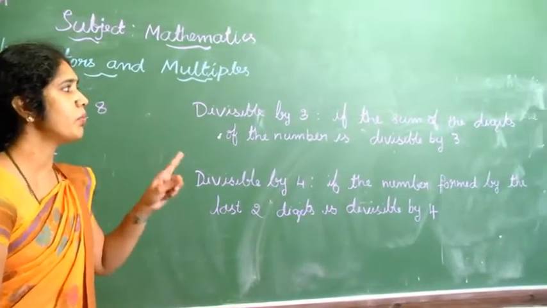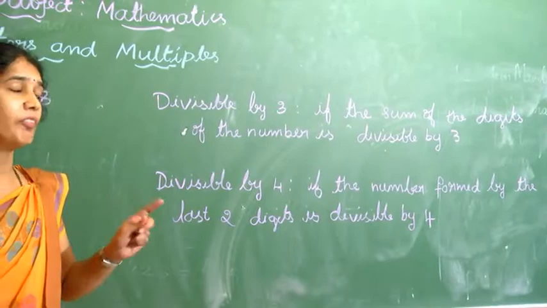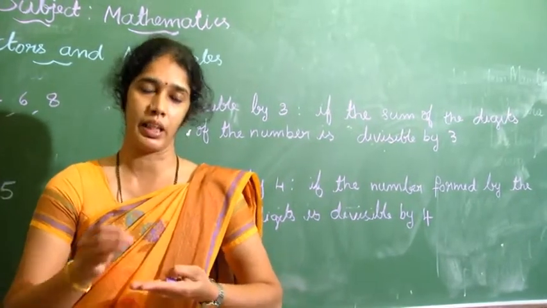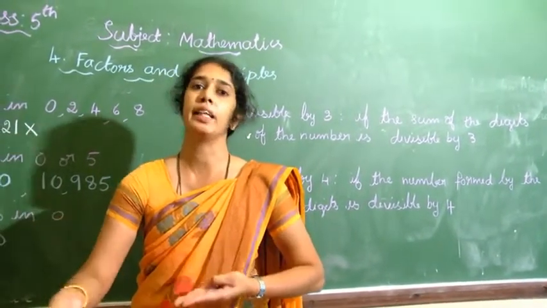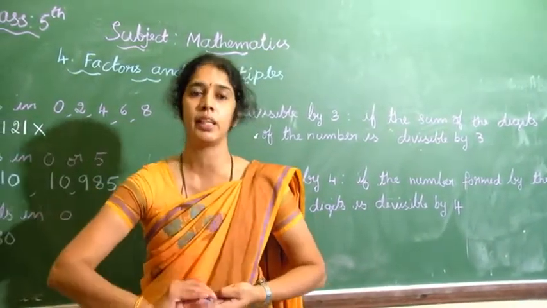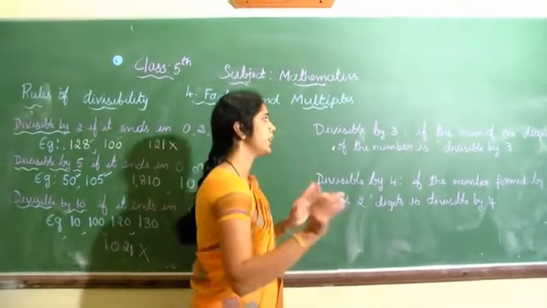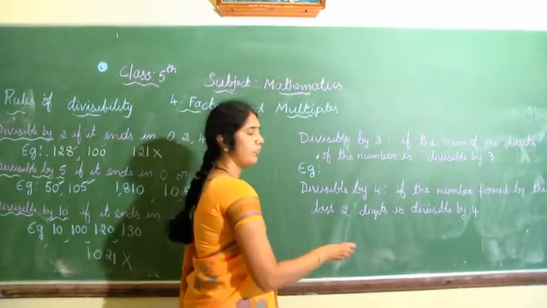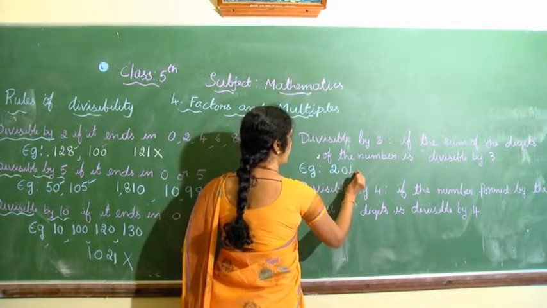Next, divisible by 3. When can I tell a number is divisible by 3? If the sum of the digits of the number is divisible by 3. When I add all the digits of a number, and if it is divisible by 3, then I can tell that the number is divisible by 3. For example, I will write 204.